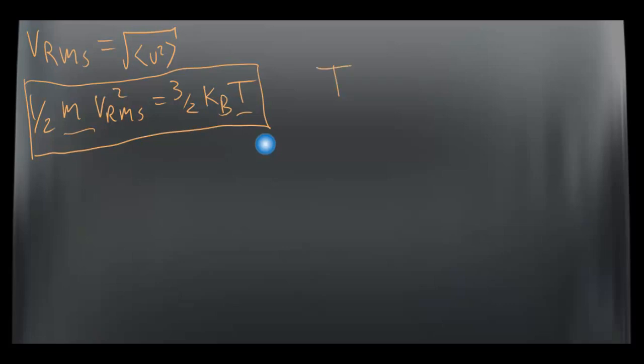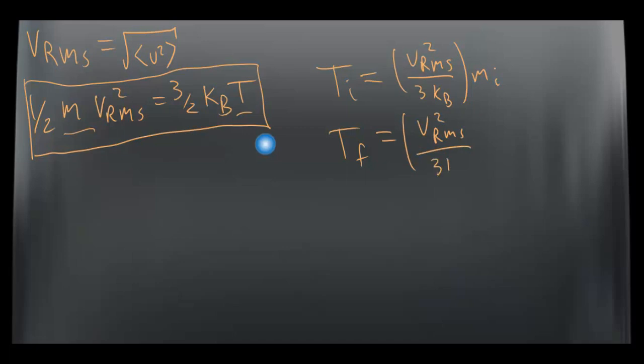Or another way to see it is similar to what we did before when we found the increase in temperature from the increase in velocity, is we write Ti is equal to, so just rearrange this as v_rms squared over 3kB times some initial mass, and then we can write the final temperature is equal to this same thing in parentheses times, now the mass is twice as big, so it's 2 mi.